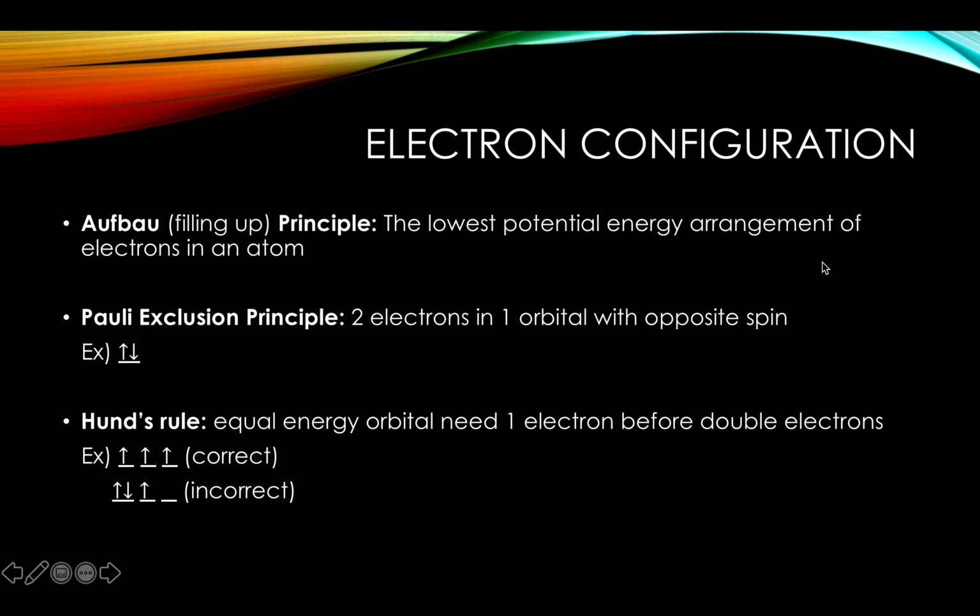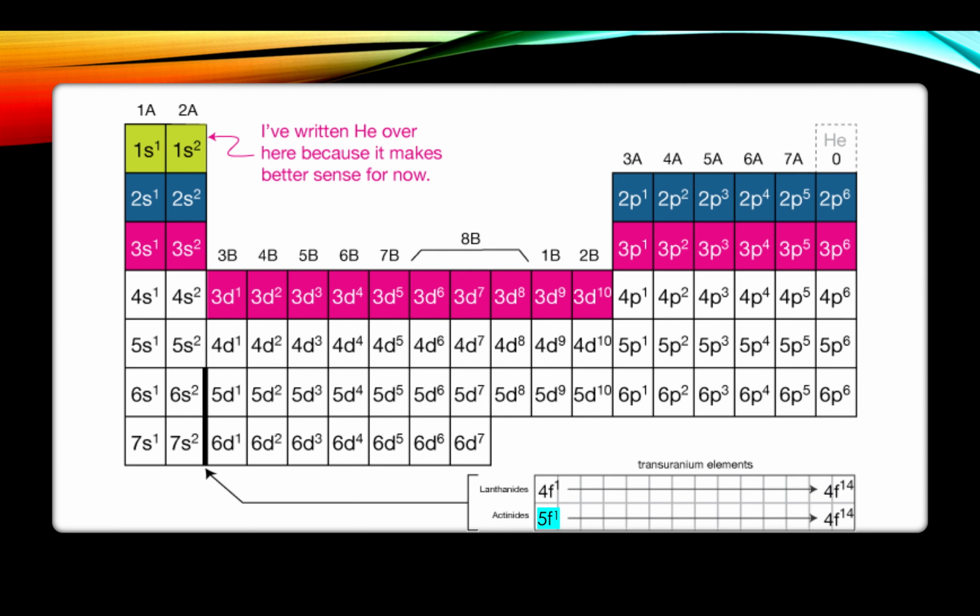The top one is the correct answer because it has three electrons facing up, with one electron in each orbital, unlike the second one below, which has two electrons in one orbital with the last orbital being empty. So these are the three important rules that you must understand before going over the electron configurations.